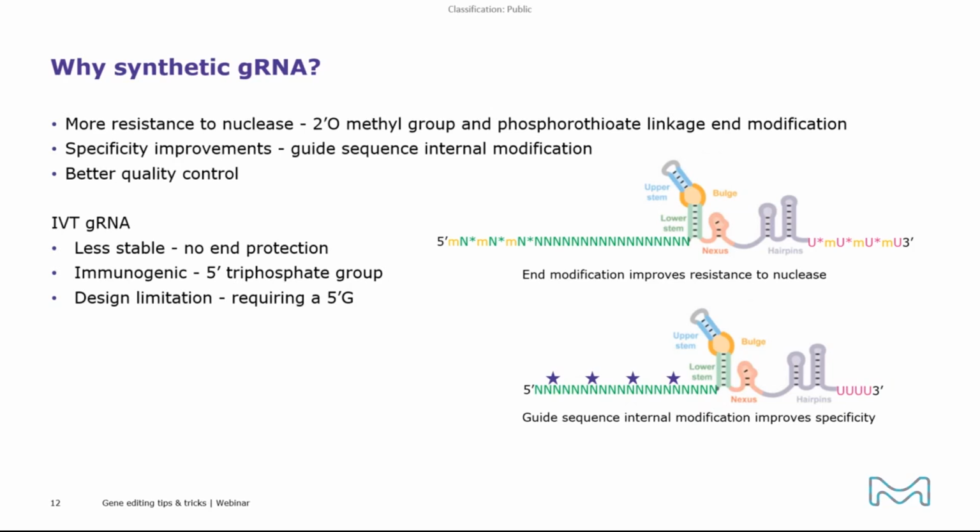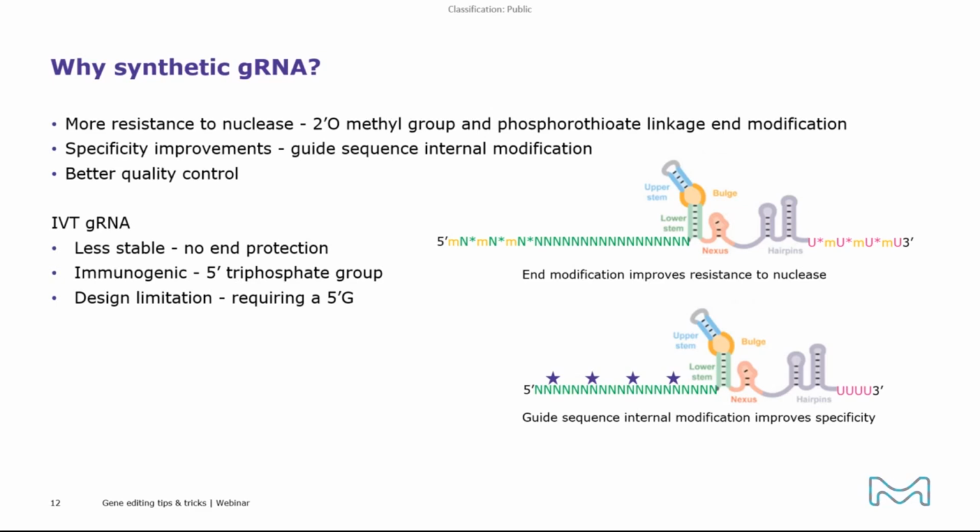Why use a synthetic guide RNA? After you have selected a guide RNA design, the preparation of the guide RNA reagent can have a major impact on your editing efficiency. Traditionally, we used in vitro transcription to produce guide RNA for transfection.